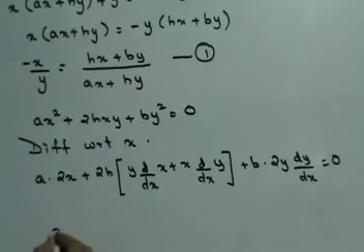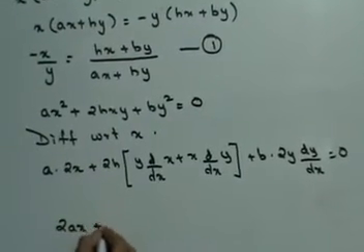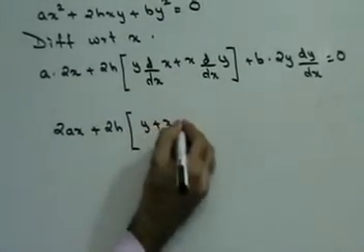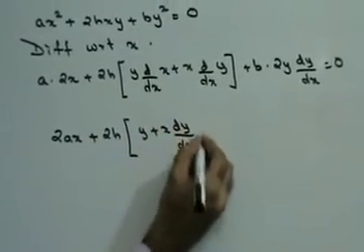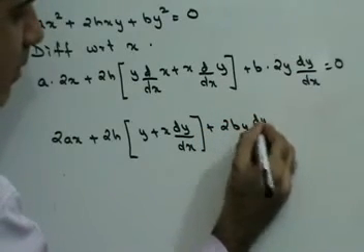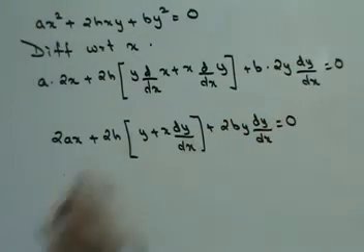So I will get 2ax plus 2h (y plus x dy by dx) plus 2by dy by dx is 0.